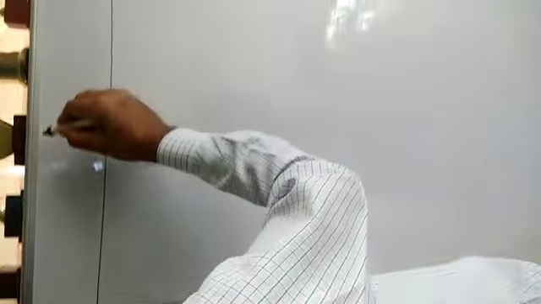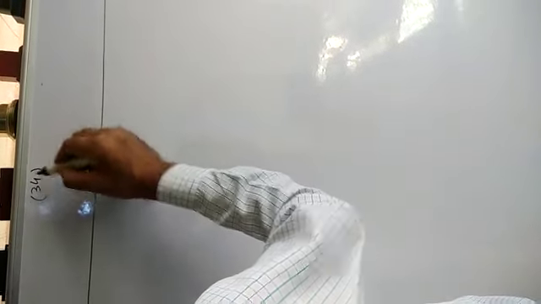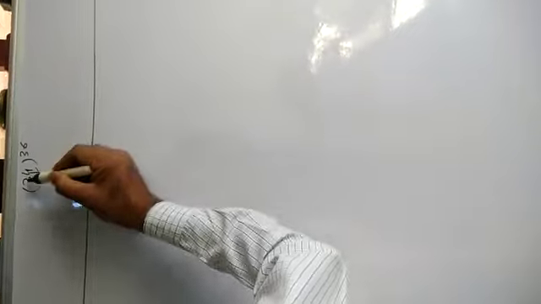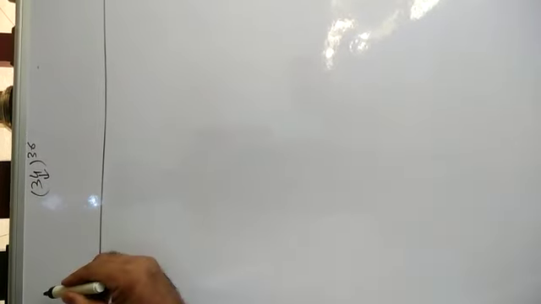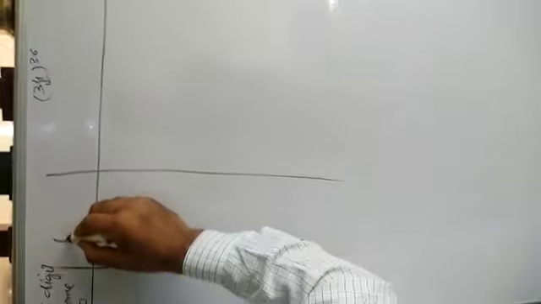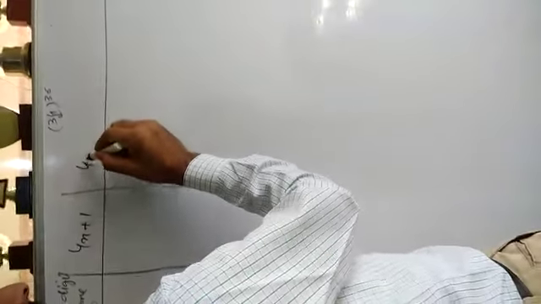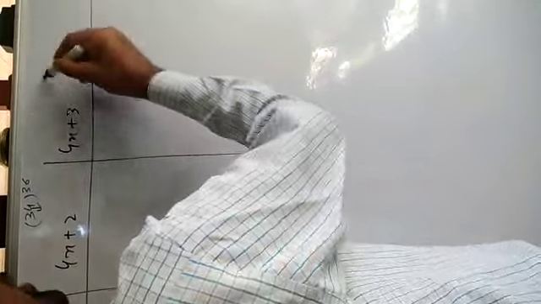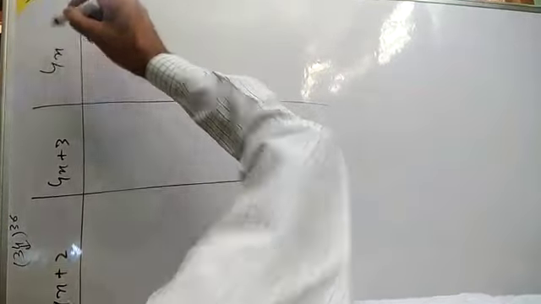Suppose we have a number of this form: 34 raised to power 36. The last digit, I mean this digit. Now we have 4n plus 1, 4n plus 2, 4n plus 3, and then 4n, right?